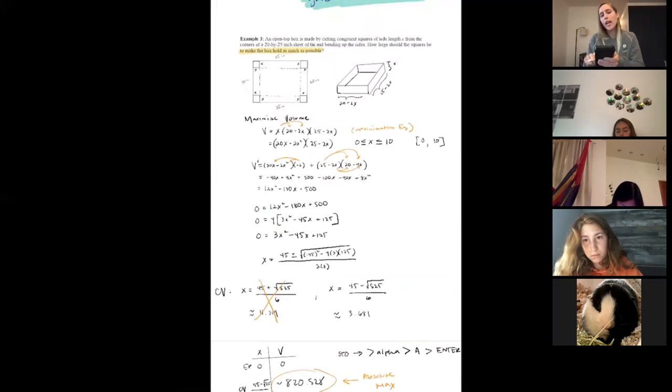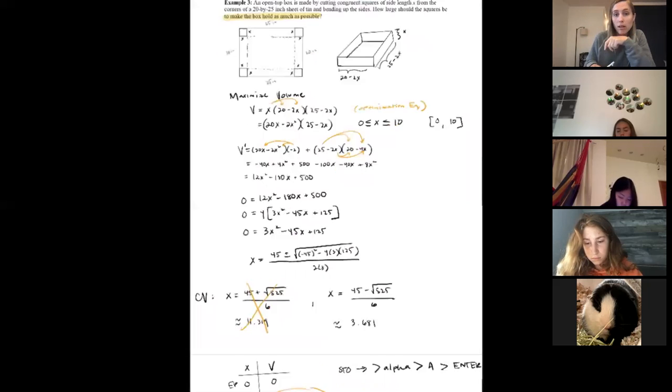Our question was not asking for the max volume. It was asking us to maximize volume, but the actual question is asking for how large the square should be. So that's x.